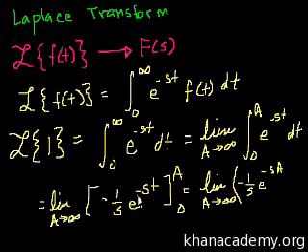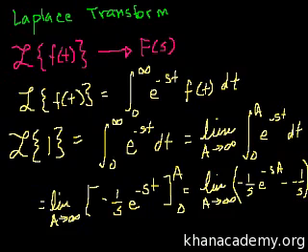That's what happens when I put a in here. Minus, now what happens when I put t equals 0 in here? When t equals 0, it becomes e to the minus s times 0. This whole thing becomes 1, and I'm just left with minus 1 over s.